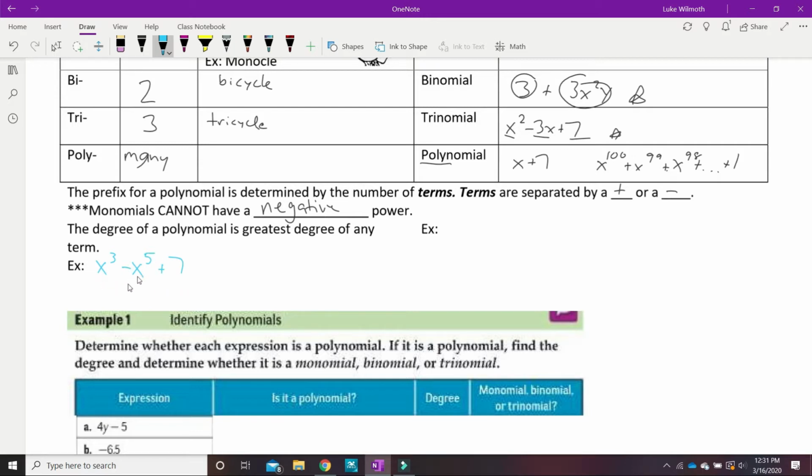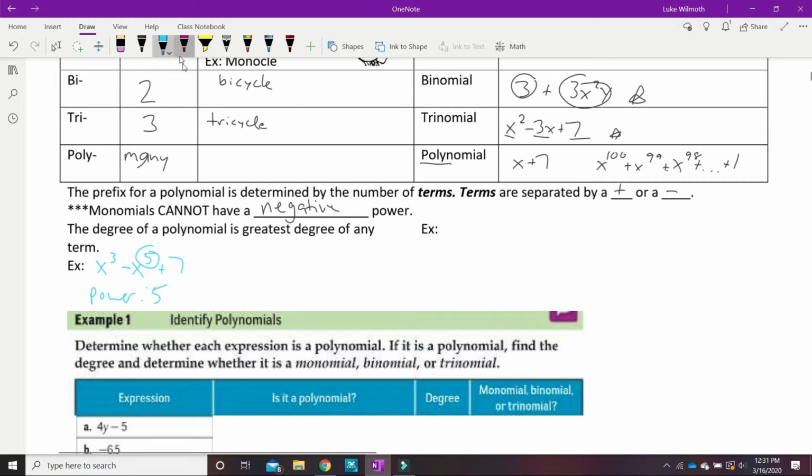If I look at these 3 terms, the power is a power of 5, because the highest power out of the 3 is 5, and this is x to the 0 power.